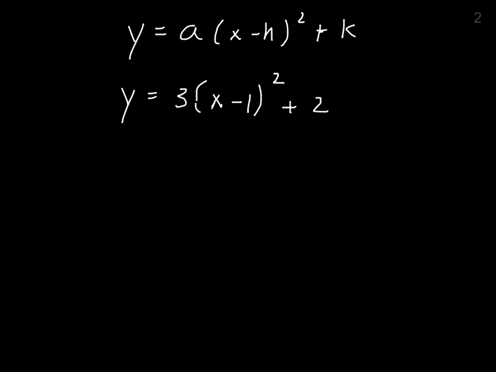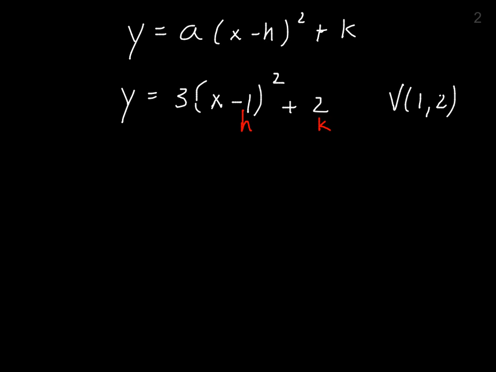You know right away that the vertex of this parabola is at (1, 2), and the reason you know this is because you have your h and k right here. Of course, don't forget to take the opposite sign that's in here.